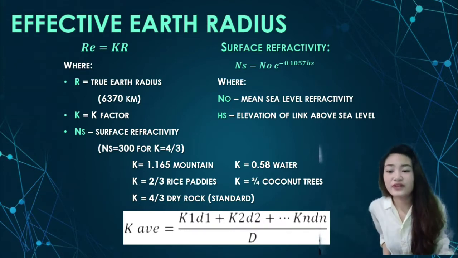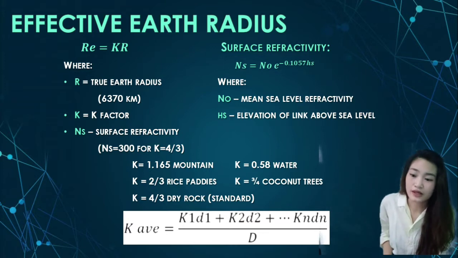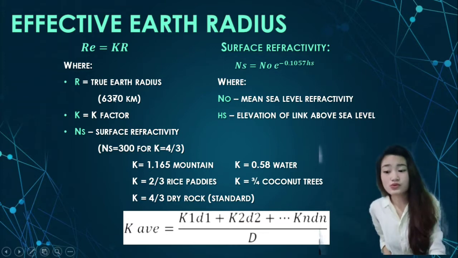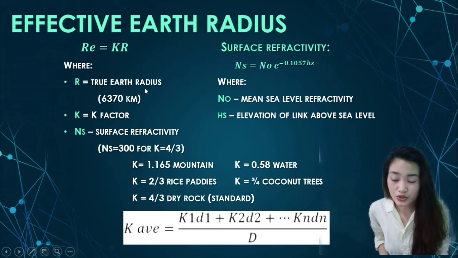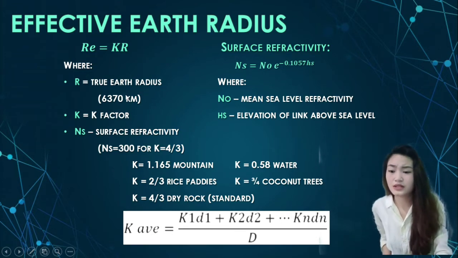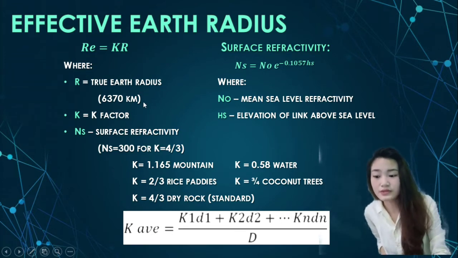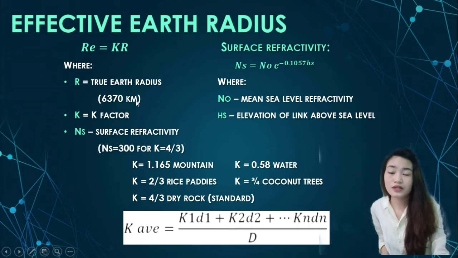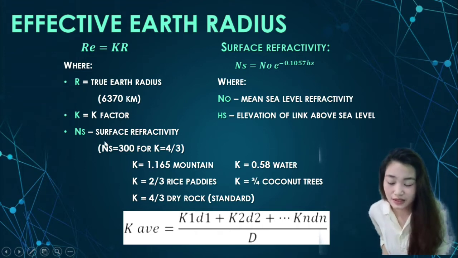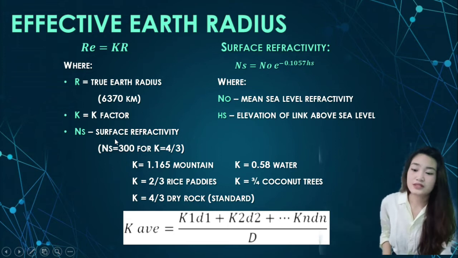How do we get the effective Earth radius, or Re? It is equals to KR, where R is equals to the true Earth radius, which is 6,370 kilometers. K is equals to the K factor, and Ns is the surface refractivity.